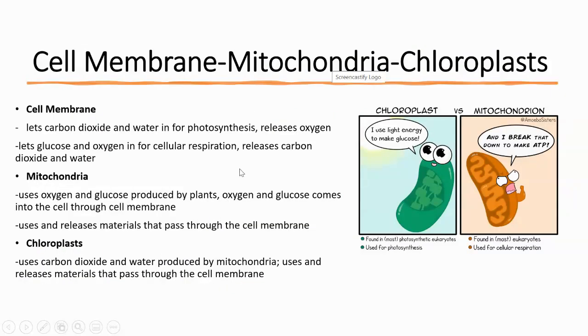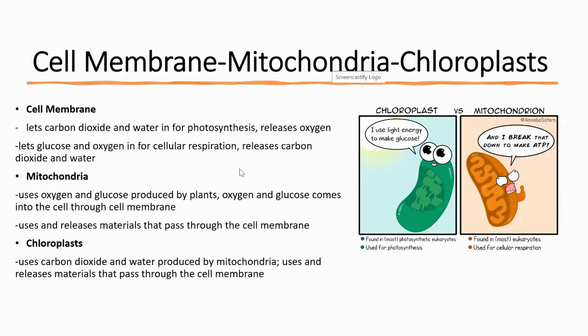So, the cell membrane, mitochondria, and chloroplasts. If we want to think about how these three organelles work together as a system, respiration and photosynthesis are two biological processes that rely on each other.